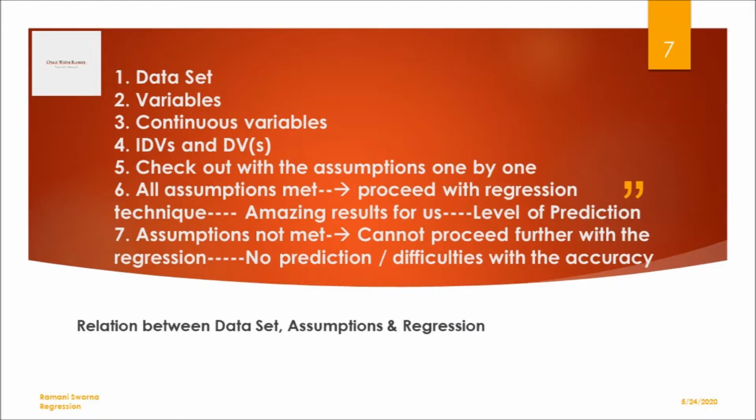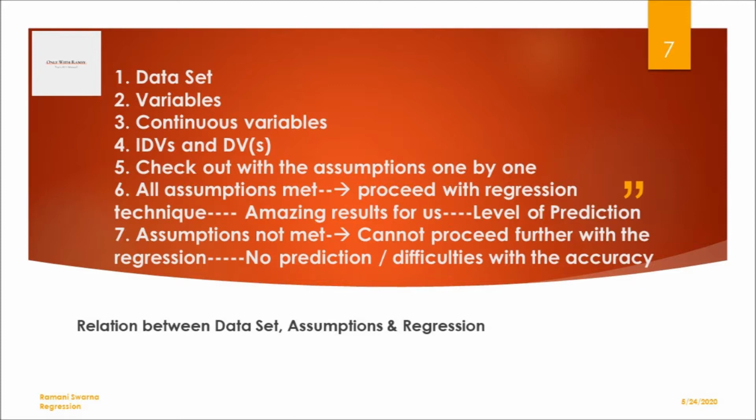So you classify them as IDVs and DVs. I'm using those abbreviated forms: IDVs for independent and DVs for dependent variables. Check the assumptions one by one. If all the assumptions are met, we know we can proceed further with the regression, and trust me, there are 64 varieties of it.